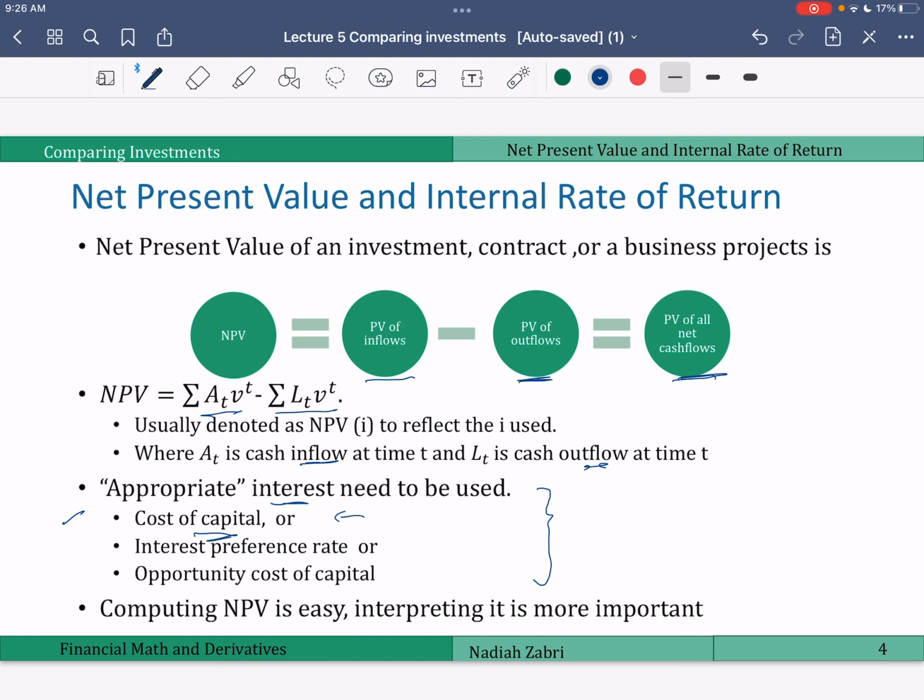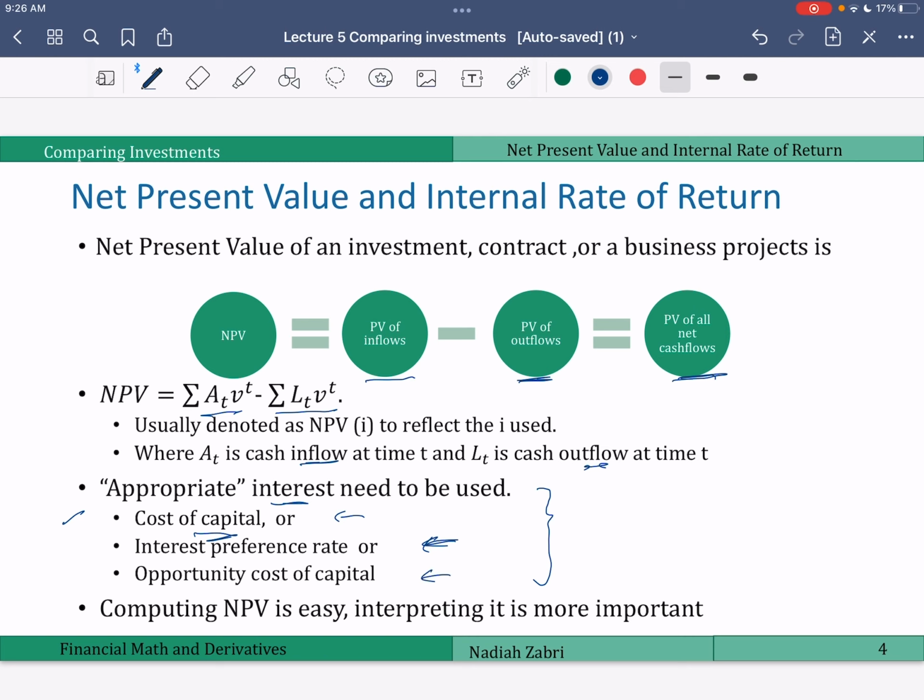Two, interest preference rate is basically just the preference rate of the shareholder for this project. Like just now when I said the shareholder's expected rate of return, this is something along that line. Three, opportunity cost.